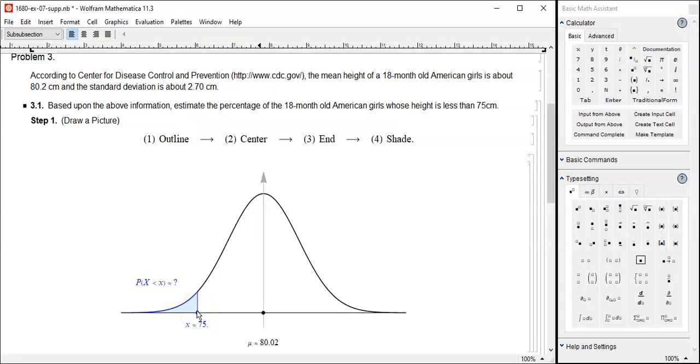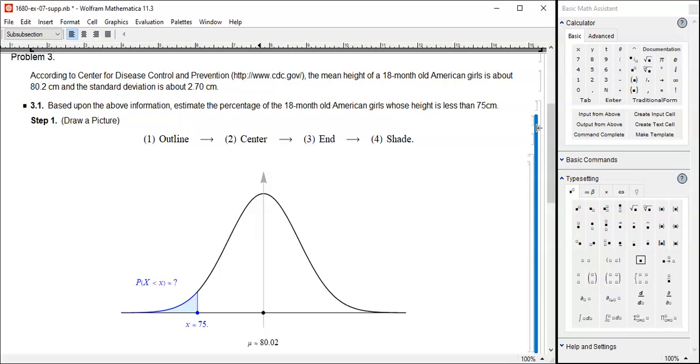Let's go to step 4, shade. Shade to the left or to the right? The problem said less than. In mathematics, less is left, more is right. So shade left and that's it. This is the most important step.